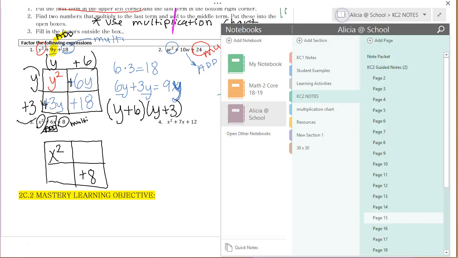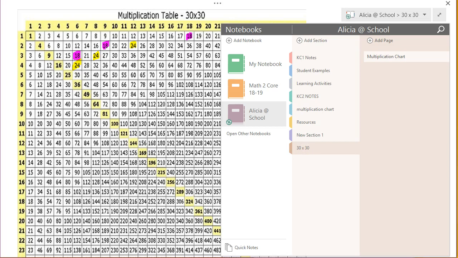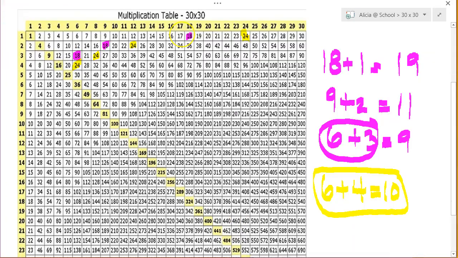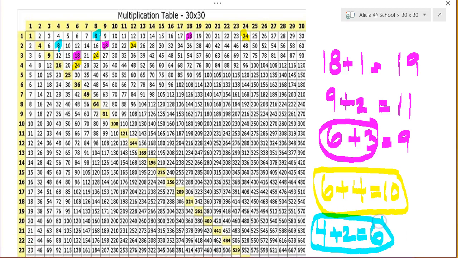So I'm going to look back at my factor chart. Let's see. I'm looking for the number 8. So I see an 8 right here, 8 and 1. That doesn't add up to 6. 4 and 2. That adds up to 6, right? 4 plus 2 does equal 6, so I'm going to be using those two terms.